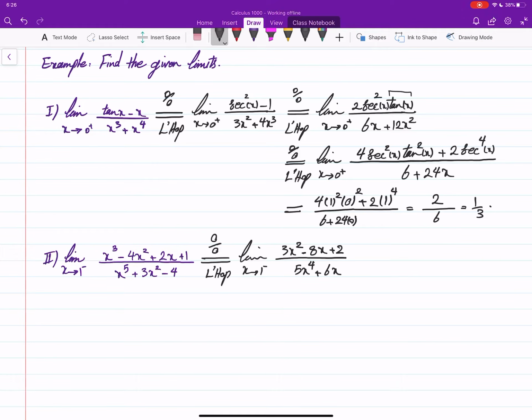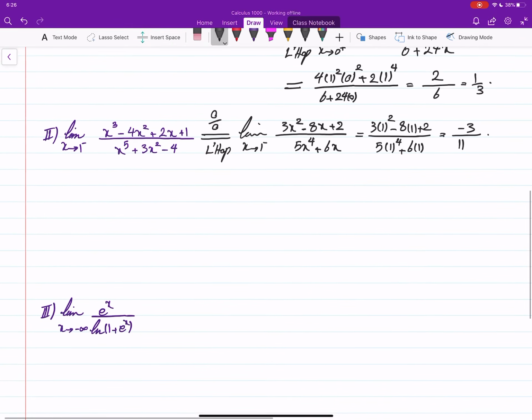And now when you find the limit of the denominator, you get 5 plus 6 times 1, which is a non-zero number, so that's why you can use the quotient law, and this will give us 11 in the denominator. In the numerator you have 3 minus 8 plus 2... the limit is negative 3 over 11.